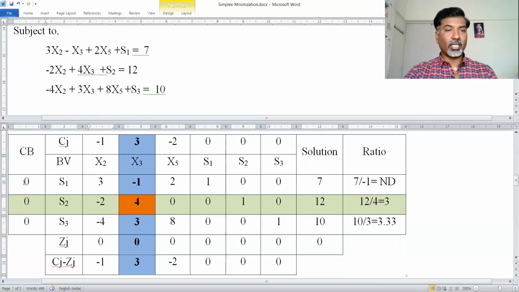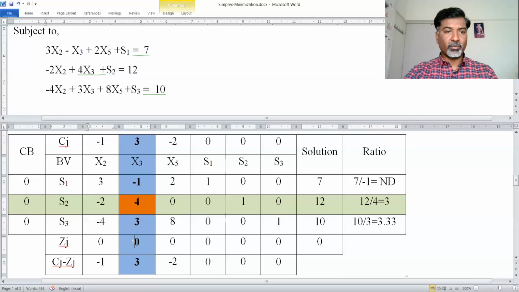In this case we are multiplying by 0, and the rule says that if you multiply any value by 0, we get 0. So we just multiply these values by 0, plus this value into 0 plus this value into 0, and you will get 0.